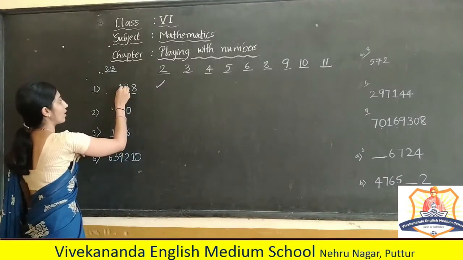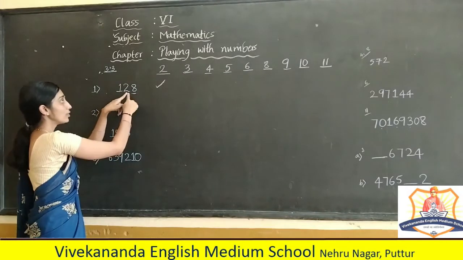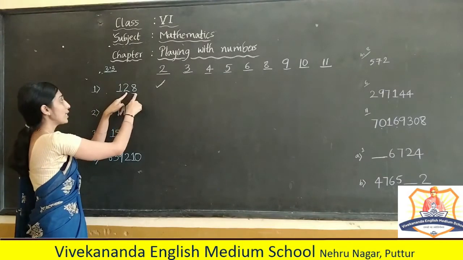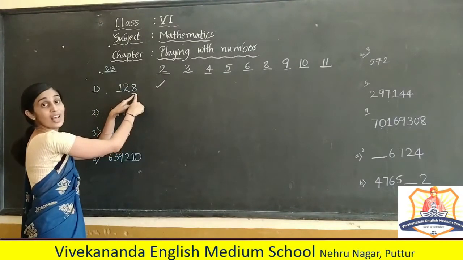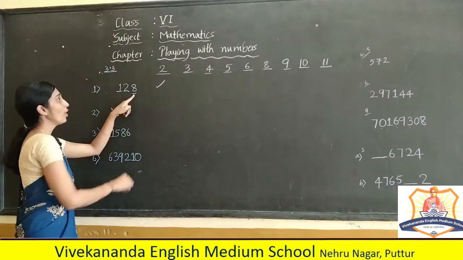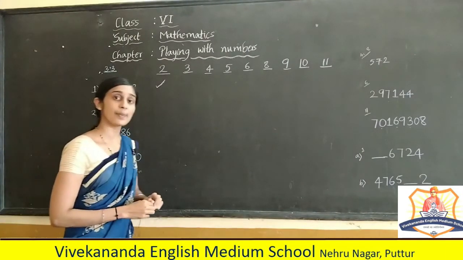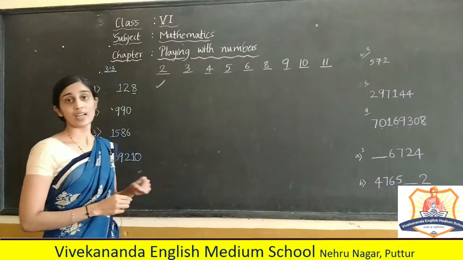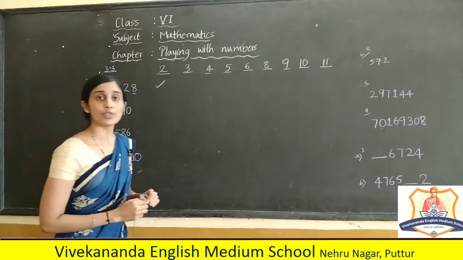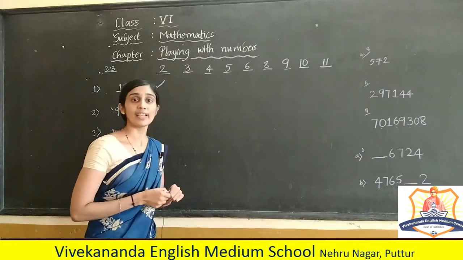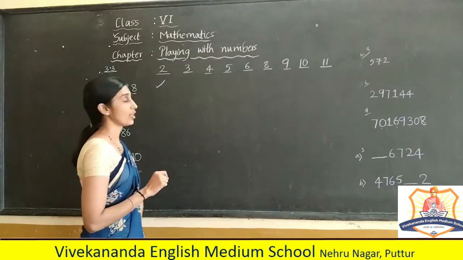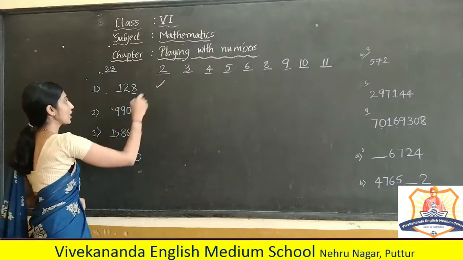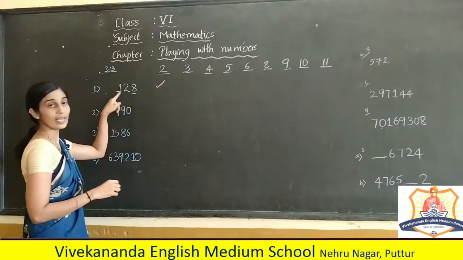So 1 plus 2 is 3, 3 plus 8 is 11. Whether 11 is divisible by 3 completely? No. 3 threes are 9, 3 fours are 12. So we are getting a fraction or decimal point. So this is not divisible by 3.